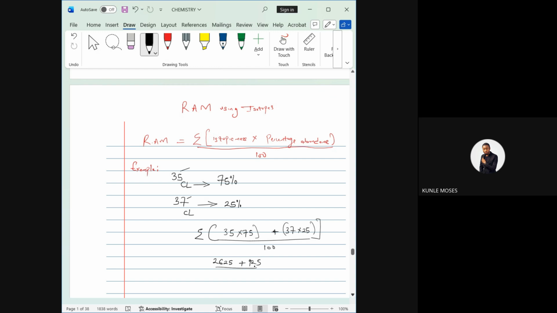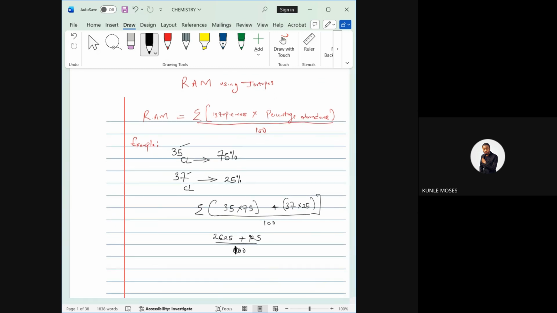So add 2,625 plus 925. That gives 3,550. 3,550 divided by 100. So that will give us 35.5. Do you see? So that's how we know that the relative atomic mass of chlorine is 35.5.